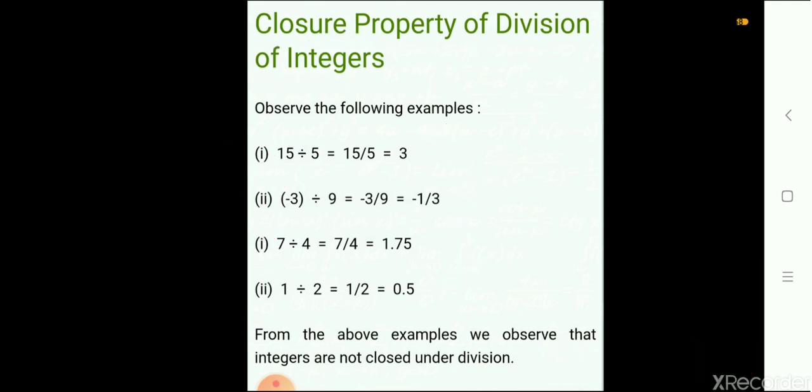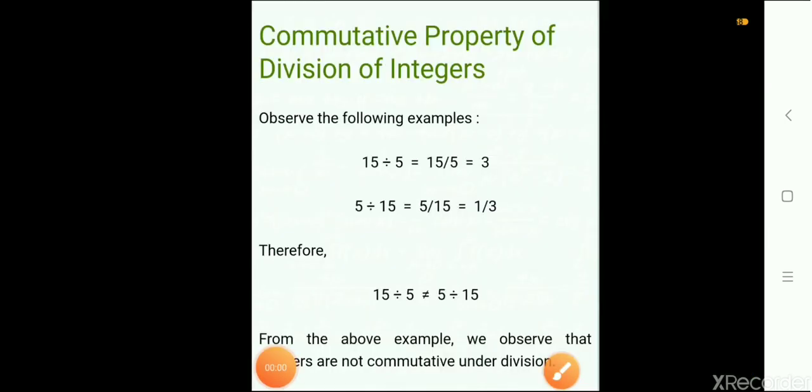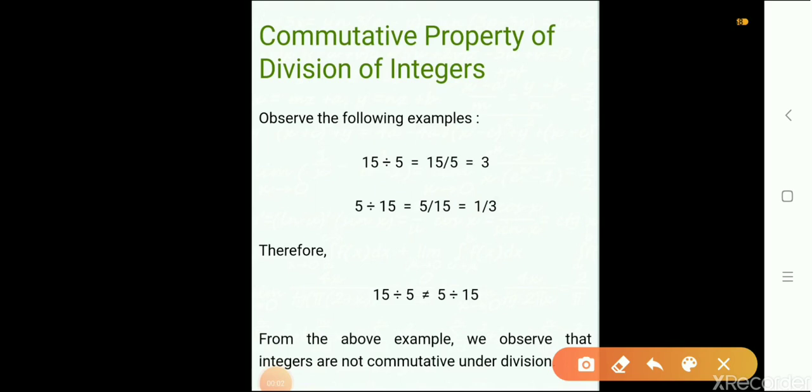From the above examples we can see that not all are integers. Here 3 is an integer but the rest are not, so we can say that integers are not closed under division.